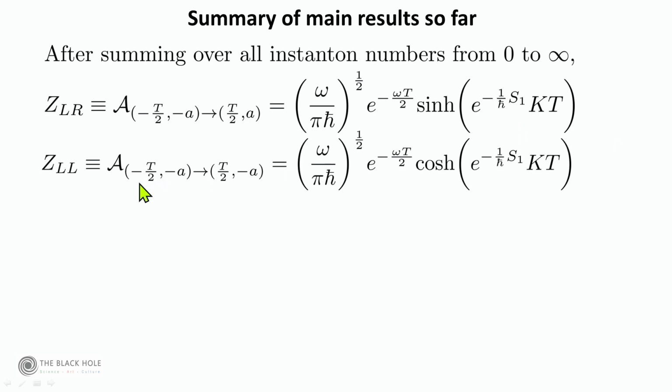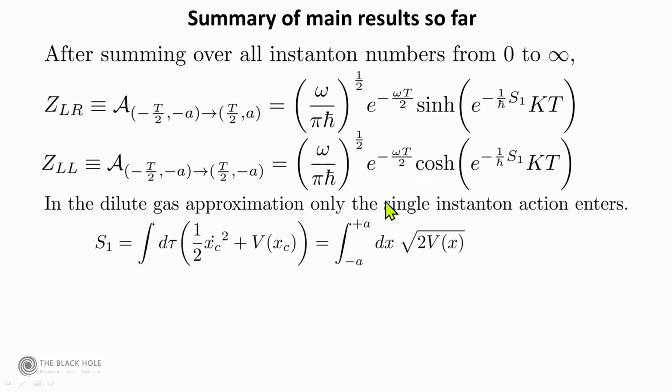The amplitude to stay where you are, in other words, to go from minus A back to minus A, is got by summing over all n values which are even, 0, 2, 4, 6, etc. And so that gives us a cosh. And again, this is merely reiterating what I said earlier, that the single instanton action is this.